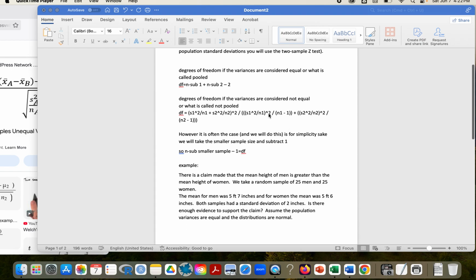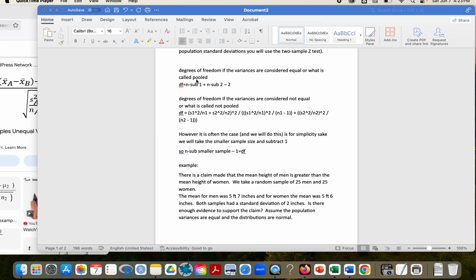Now, there's this degrees of freedom issue that exists. The first degrees of freedom would be if the variances are considered equal, and the degrees of freedom we use would be the sample size of the first sample plus the sample size of the second sample minus 2.